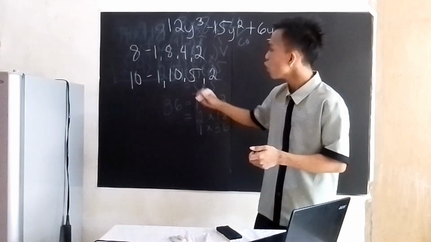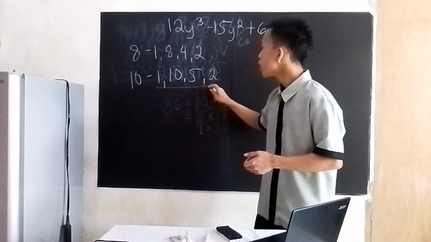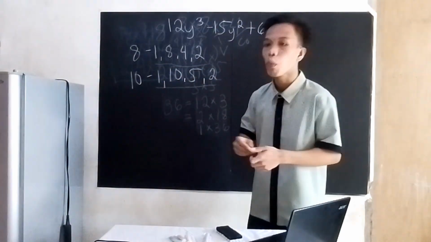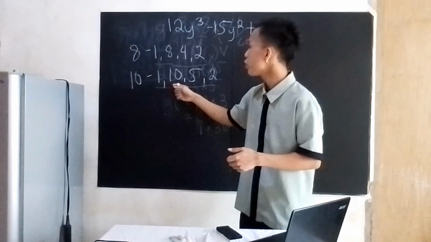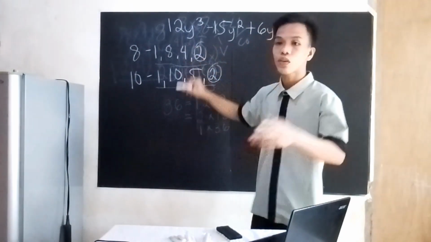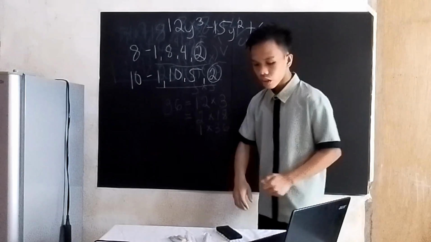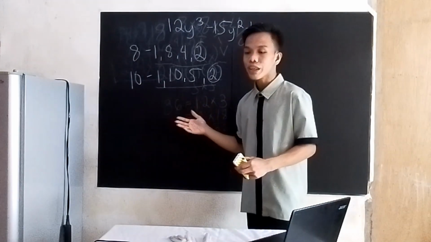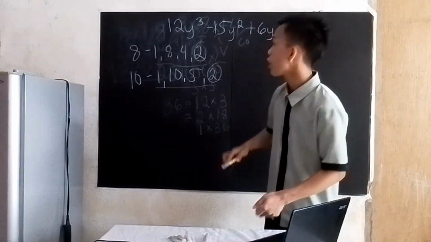We are just going to look for their common, the largest common. So what is the largest common here? That's right, that is 2. So that is how we deal with greatest common factor.